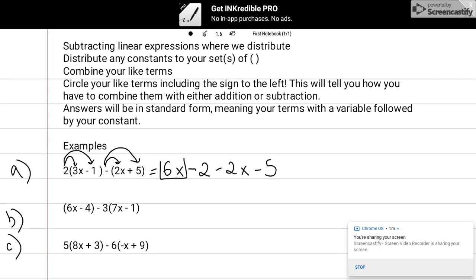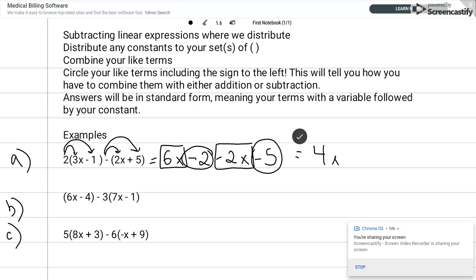So here's one like term, a 6x, and another like term, a negative 2x. 6x minus 2x is going to give me 4x. Negative 2 and negative 5 is going to give me a negative 7. So my final answer is 4x minus 7 for this first problem.